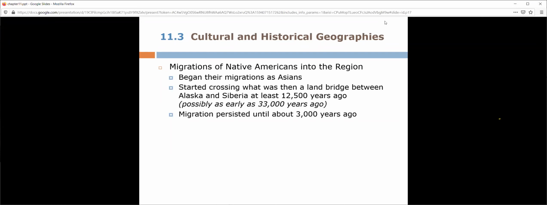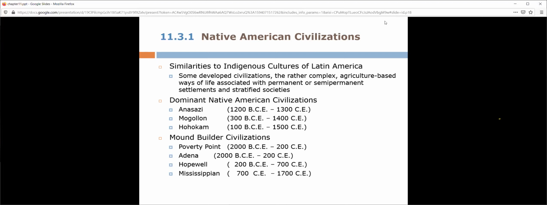Yeah, people started coming over here tens of thousands of years ago, and they started settling and forming civilizations. As I talked about Latin America, we have an issue wherein these civilizations that came to America didn't necessarily keep records as well as, say, the Chinese or the Egyptians or Indus Valley settlements.